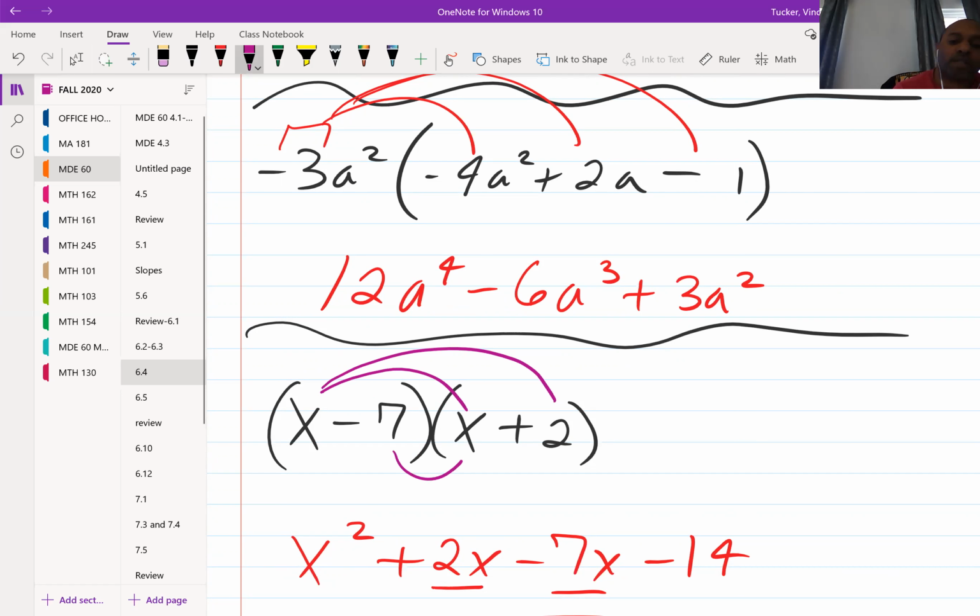Negative 7 times x is negative 7x. Negative 7 times 2 is negative 14. So you take each term in the first parentheses and distribute it to each term in the second parentheses. Some people like to lean on FOIL, first, outer, inner, last. But if you just take each term in the first parentheses, distribute it or multiply it to each term in the second parentheses, you'll come up with the right answer.